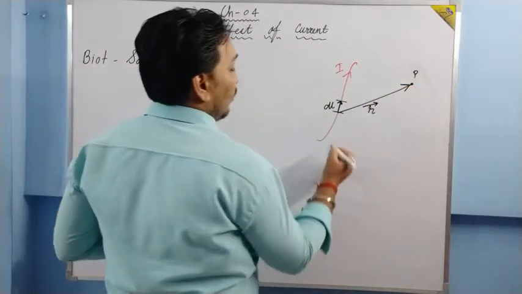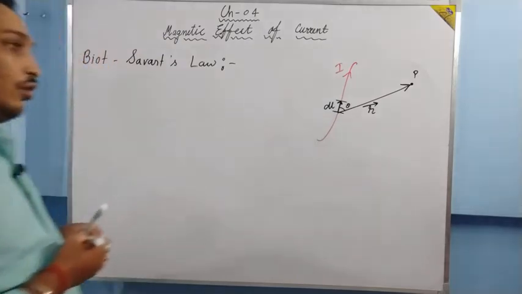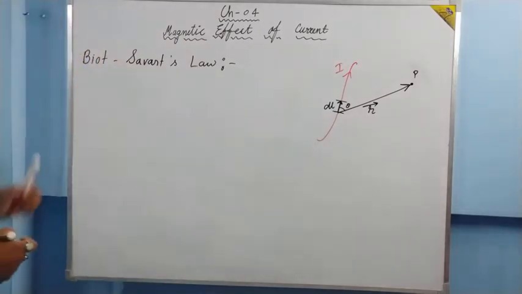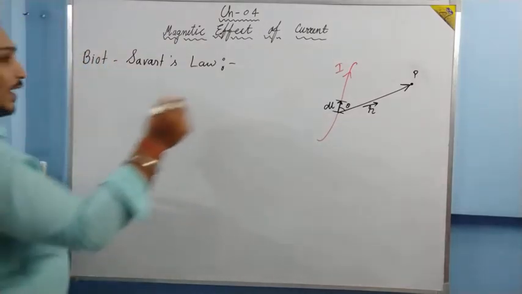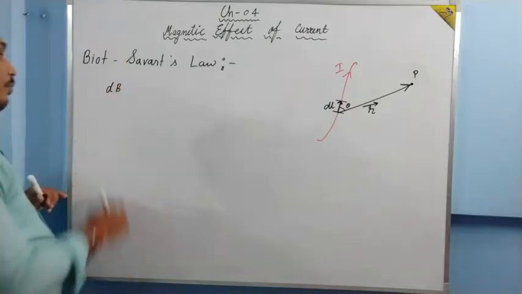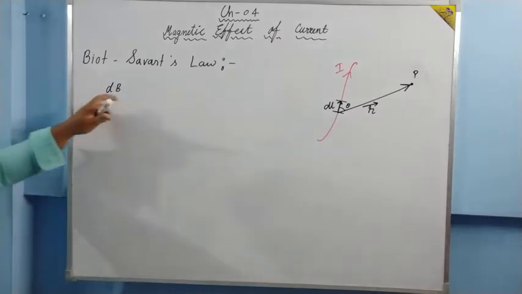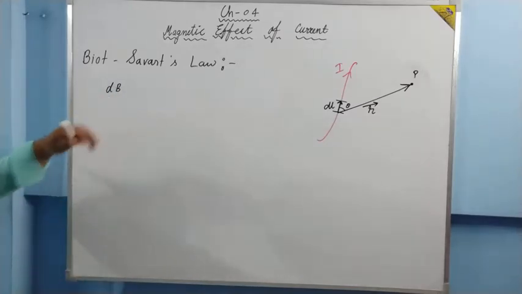Then what is the amount of magnetic field over here? Let this angle be theta. According to Biot-Savart, the magnetic field is represented by dB. B is basically the magnetic field, but it is very small, and that's why we are representing it as dB.